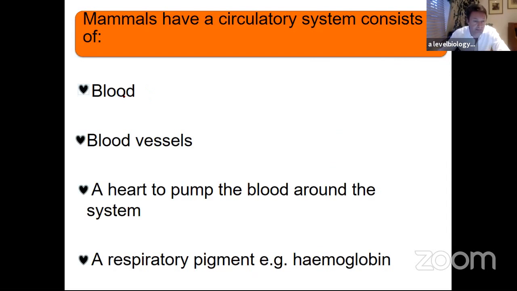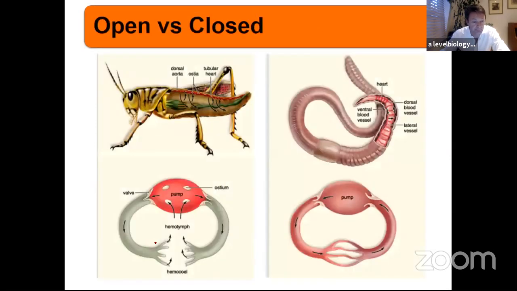So mammals have got a circulatory system that consists of blood and then tubes for the blood to flow through, then a heart, and then we need a respiratory pigment to increase the carrying capacity for oxygen. So ours is hemoglobin. We have a concept of open circulatory and closed circulatory systems.